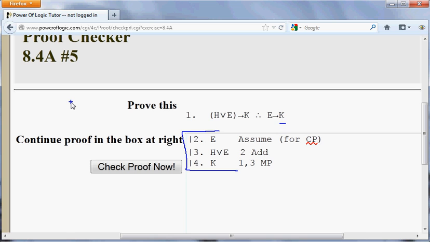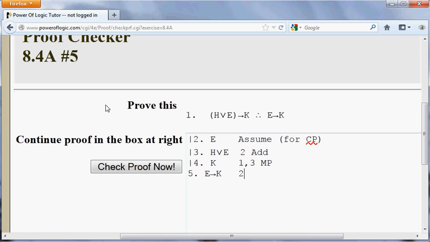I've assumed E on line 2, and I've shown that K follows from E, given the premise of the argument. So in essence I've proved if E then K, and that's what the rule of conditional proof lets us show. Line 5 no longer has that vertical bar next to it, and we've proved if E then K. Lines 2, 3, and 4 are true only on the assumption of E, but line 5 is true flat out. Just given the premise, line 5 follows: E then K.